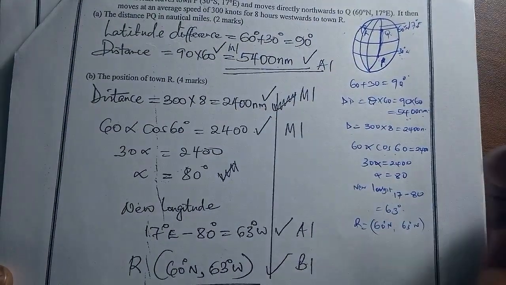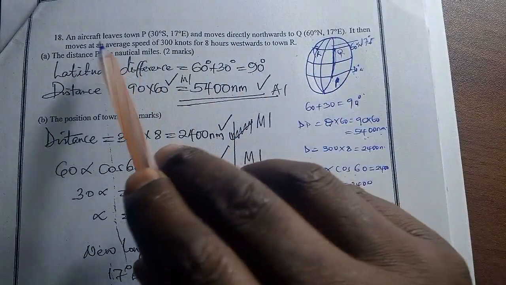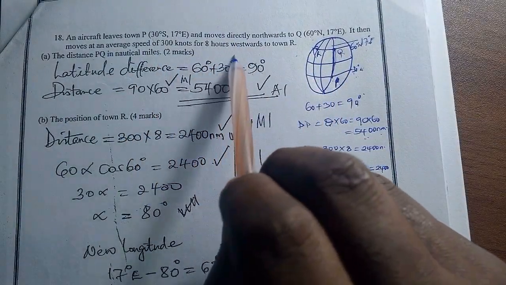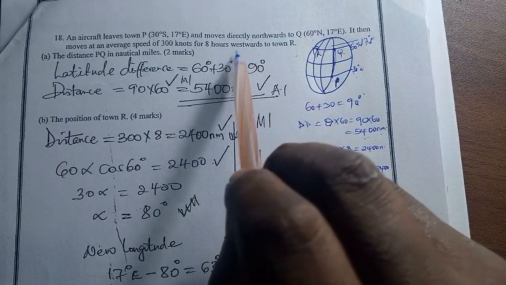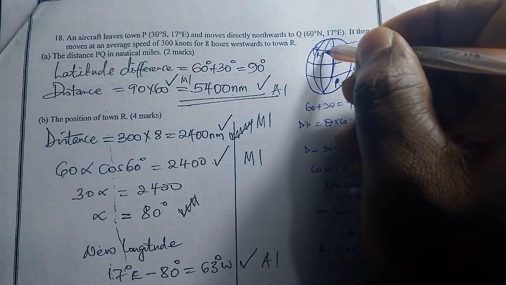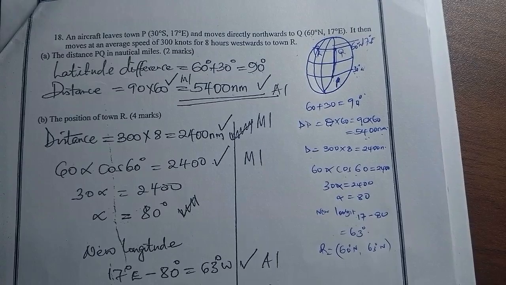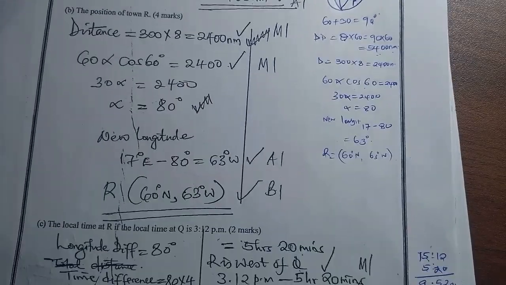The position of R. Now when you read here, it then moved at an average speed for some hours westwards to R. So after reaching Q, it went to R. It is important that you sketch. You sketch and try. Can you try this one?